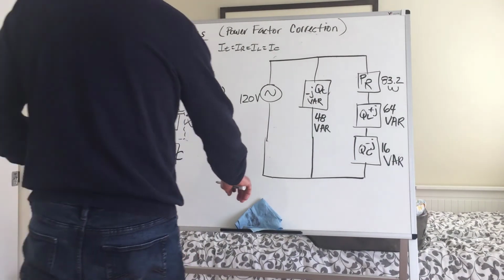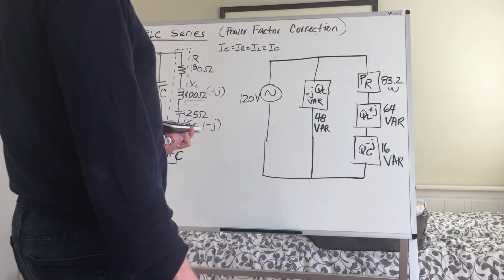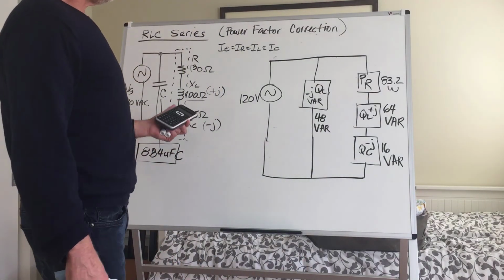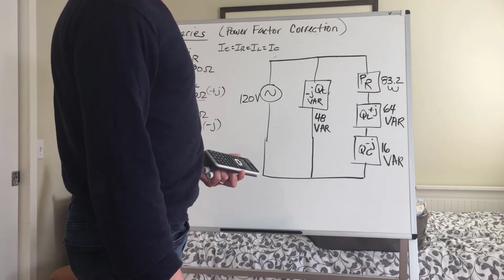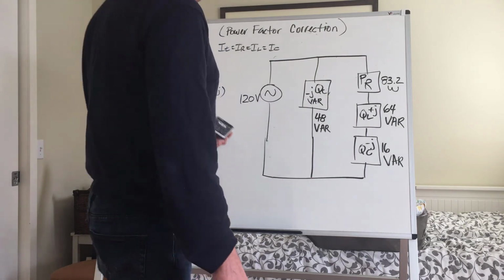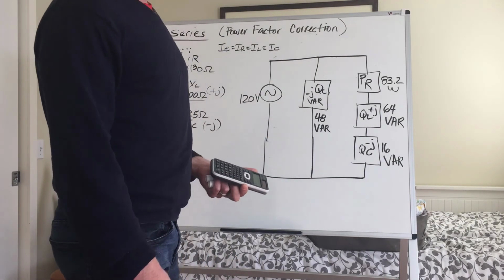Okay, so here's the final illustration, and this is where we broke down each one of these components into its real or reactive power and drew it as it's configured with a series arrangement and a parallel arrangement to 120 volts.